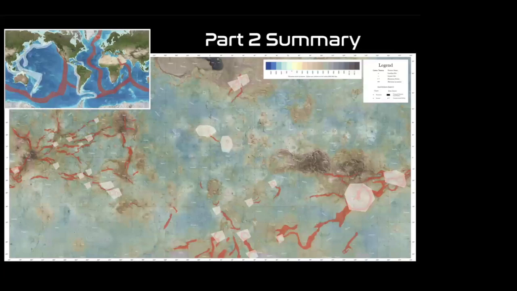So what's interesting though is that this might be a form of recycling. Before I mentioned how on Earth, you're creating new material all along the mid-ocean ridge, and it's being laterally migrated and then subducted and therefore destroyed down at the subduction zones.